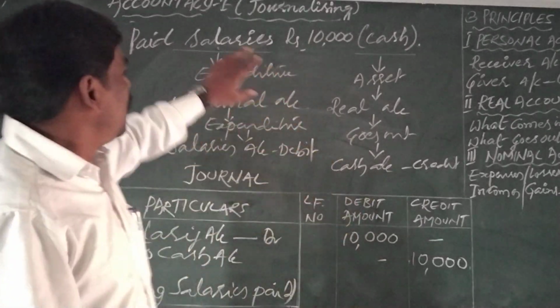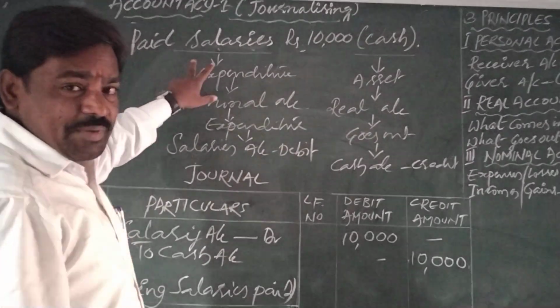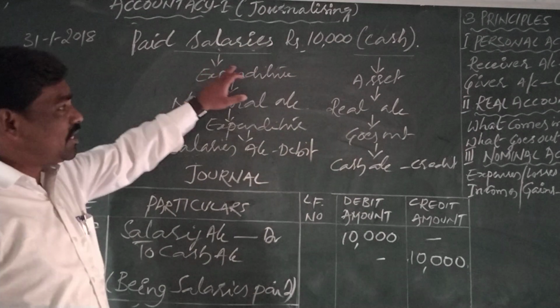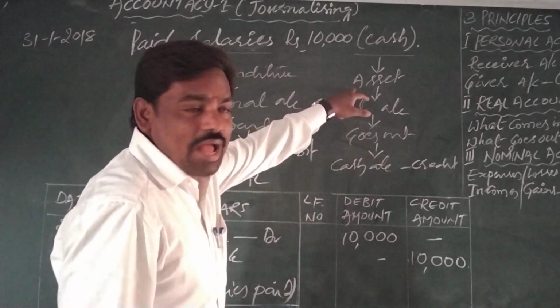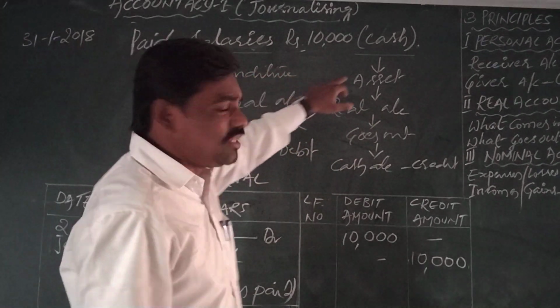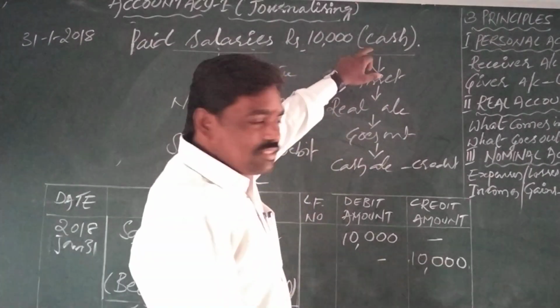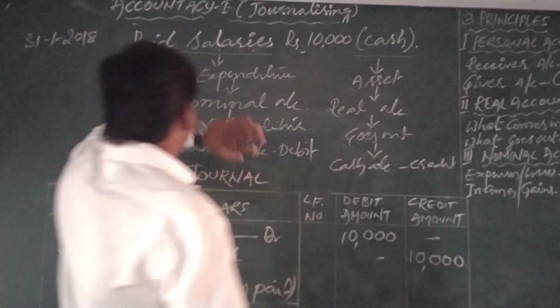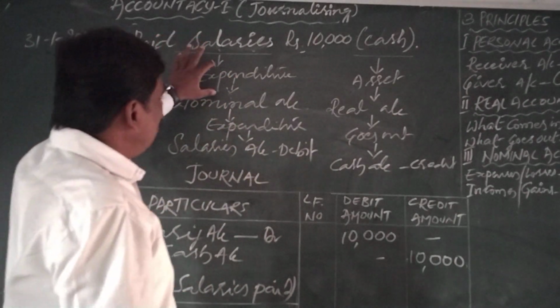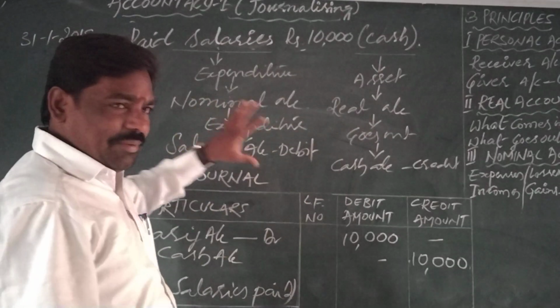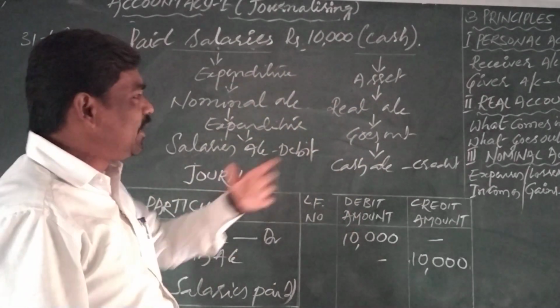As per the dual aspect concept, in the given business transaction, we need to find 2 aspects: one is the debit aspect, another is the credit aspect. Or we can say one is the receiving aspect, another is the giving aspect. The receiving aspect is called the debit aspect, and the giving aspect is called the credit aspect.